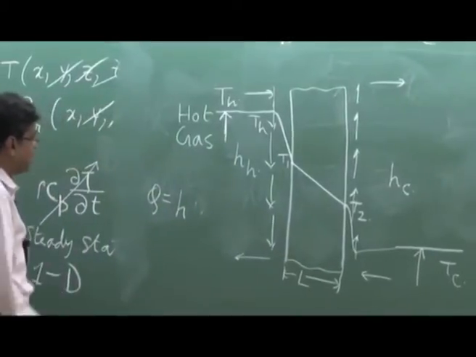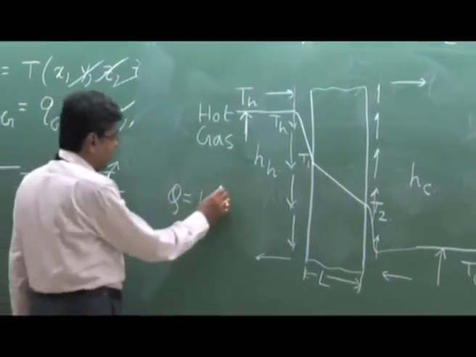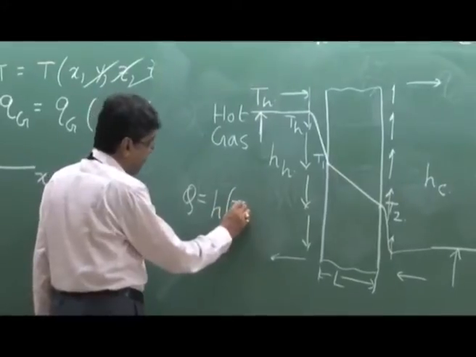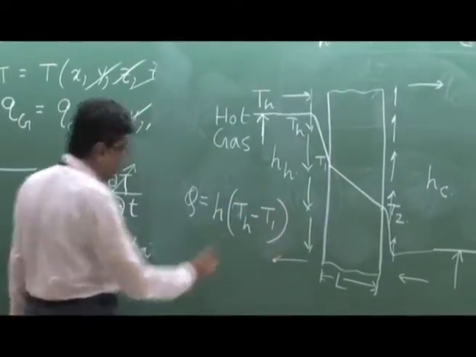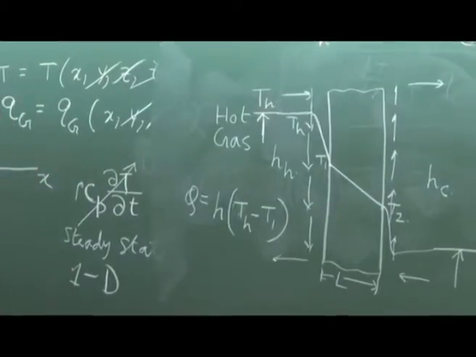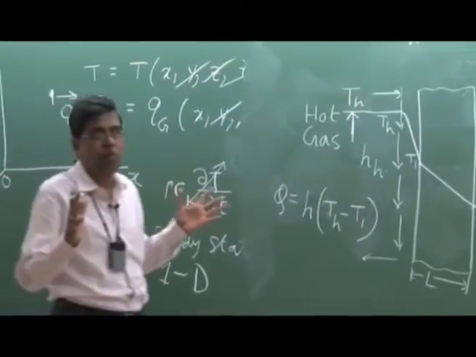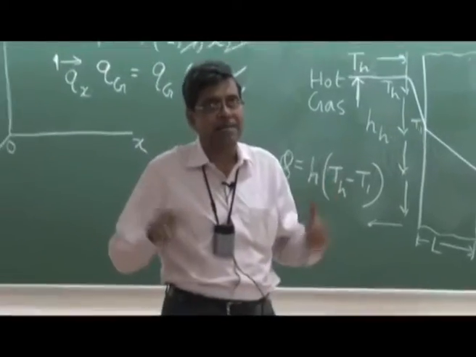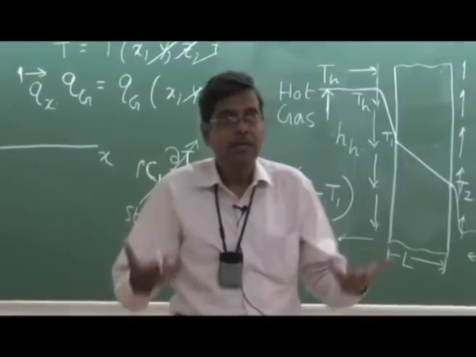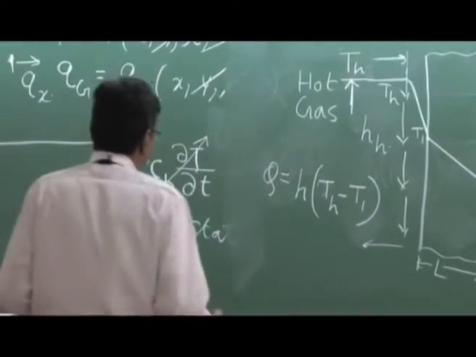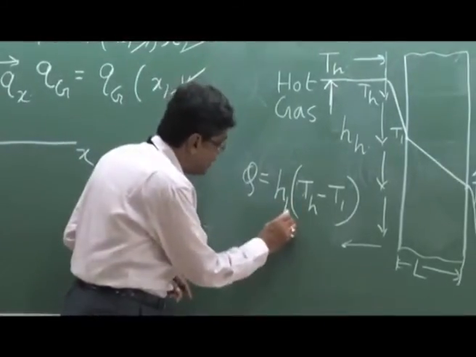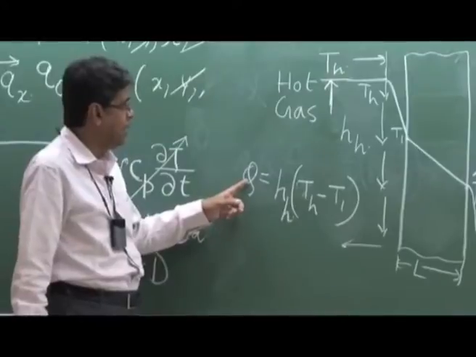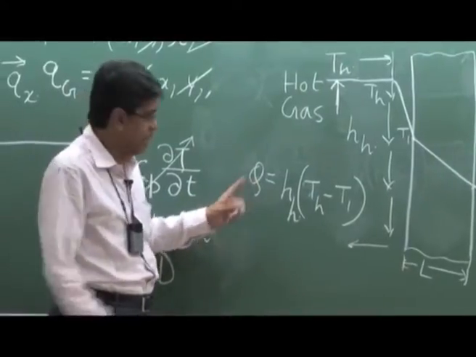Okay, and we consider this heat transfer coefficient is constant over the area in both the sides. Then we know from convection heat transfer that the Q can be defined as TH minus T1. As I told you in one of the earlier classes, now we don't have to know anything about the mechanism of convection, but whenever we know the heat transfer coefficient H, then we can relate the heat flux into area.